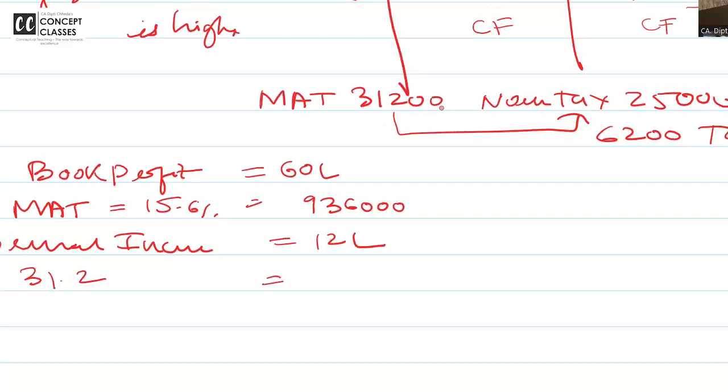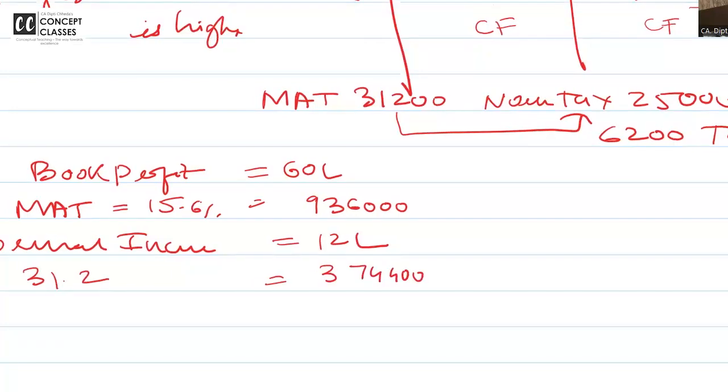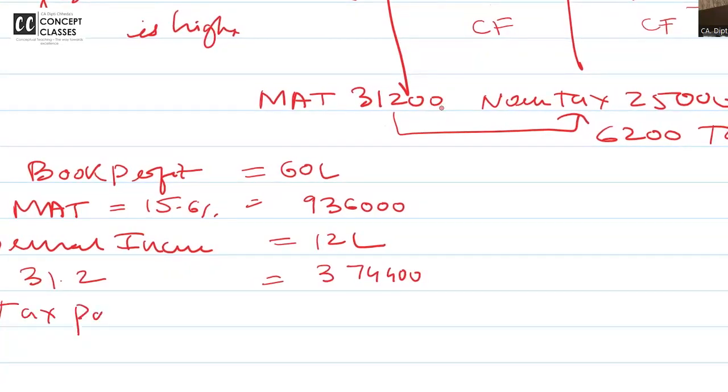So on 12 lakhs, 31.2%, that is 374,400. So what will be the tax payable? Tax payable will be MAT or normal tax, whichever is higher.